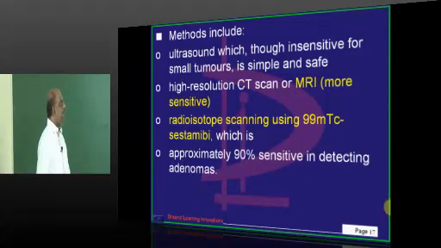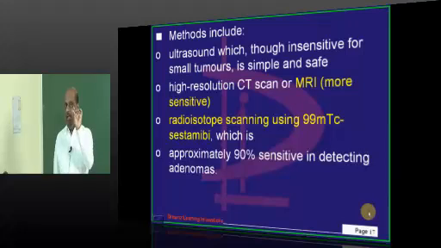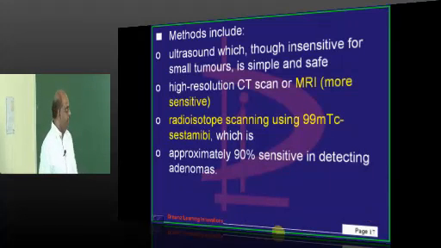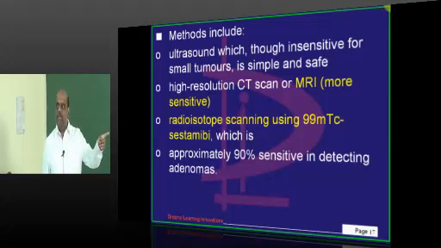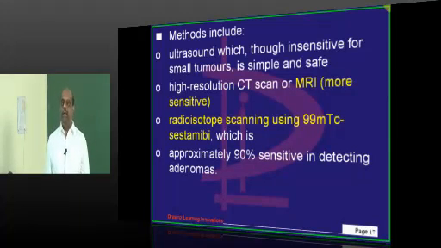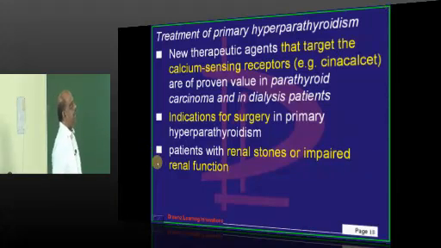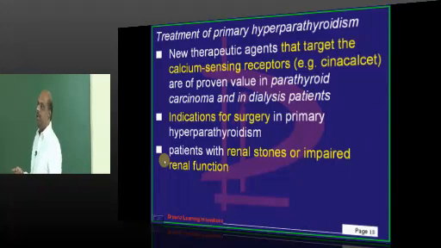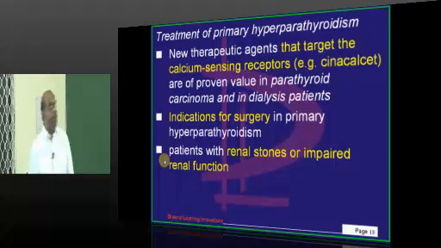So we use the MRI as the imaging modality to identify the adenoma leading to the hyperparathyroidism. We do technetium sestamibi radioisotope scanning in order to detect the parathyroid adenoma. And how do you treat primary hyperparathyroidism is a very important question.